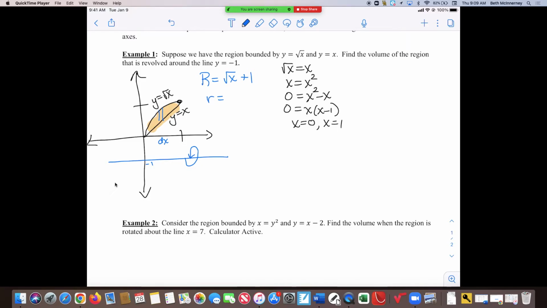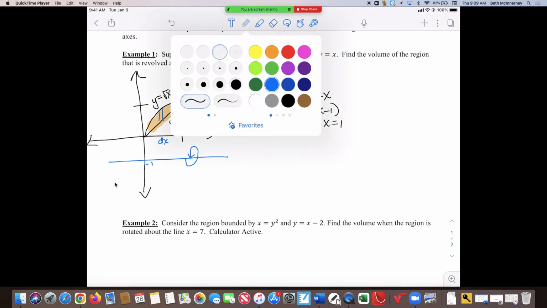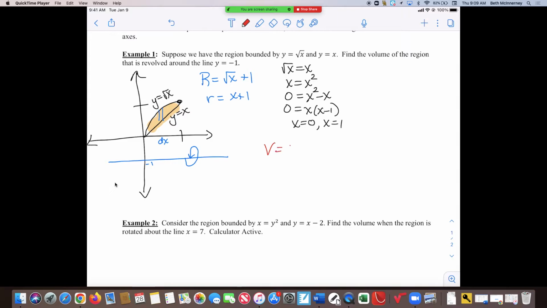Kai, what'd you think? Yep, just x plus 1. So then the big idea here is to do the volume. It's pi on the x-axis, that's 0 to 1, you take capital R squared minus lowercase r squared dx.